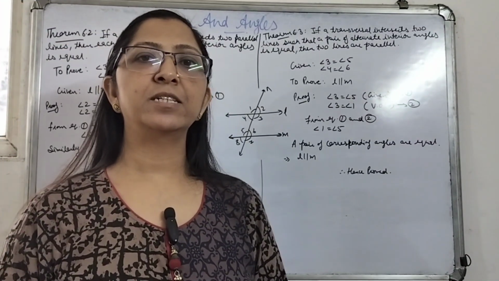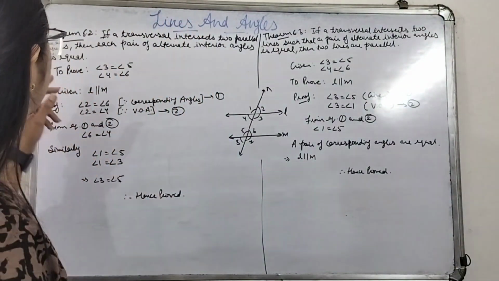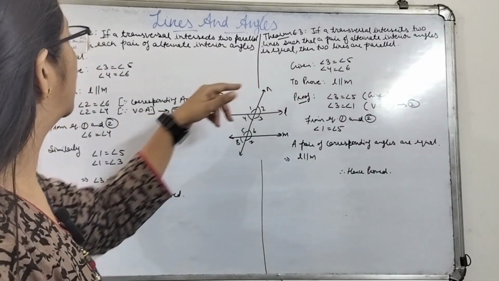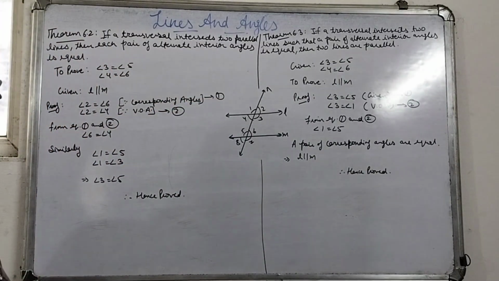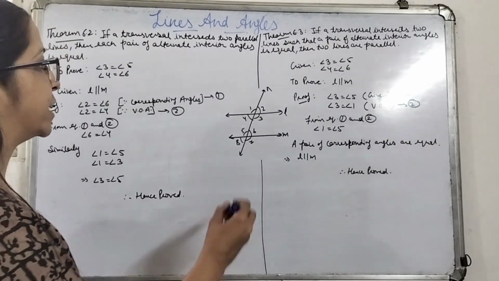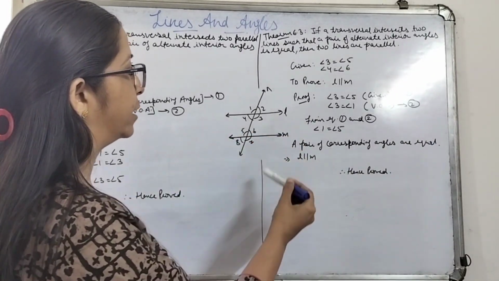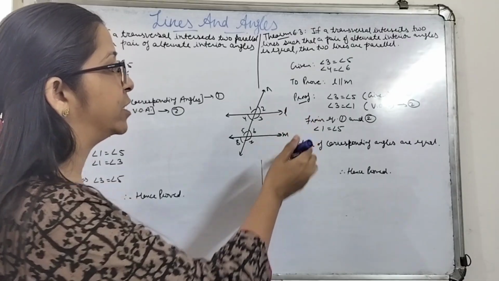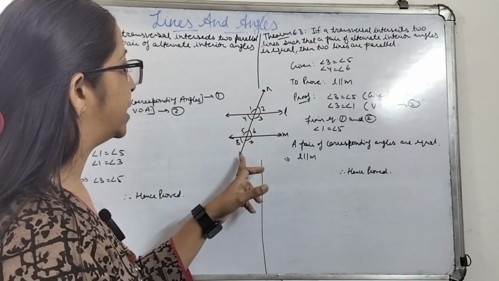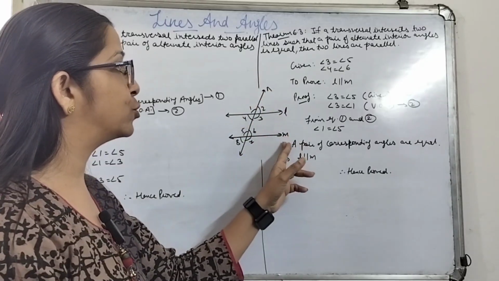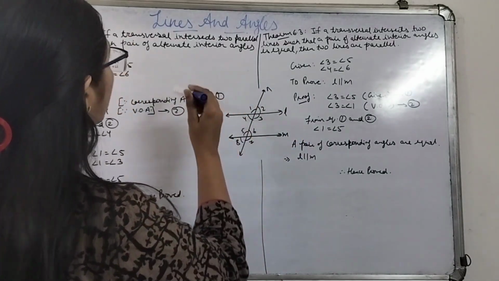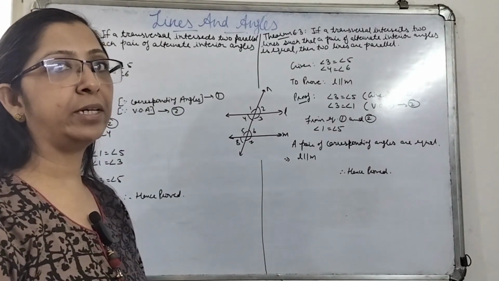Now let's understand some of the theorems. Theorem 6.2: If a transversal intersects two parallel lines, then each pair of alternate interior angles is equal. That means we are assuming that L and M are the lines which are parallel to each other, and a transversal N is intersecting these two lines L and M at distinct points, then the pair of alternate interior angles will be equal.